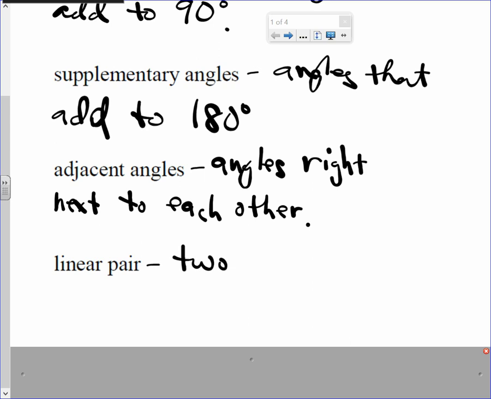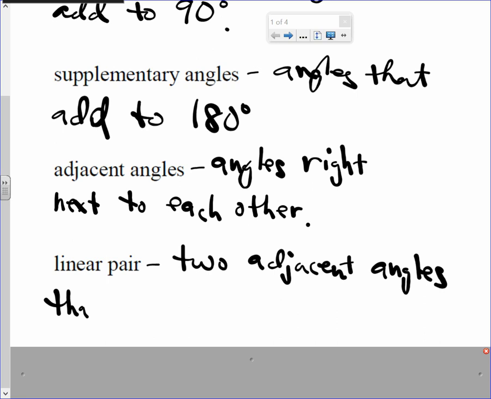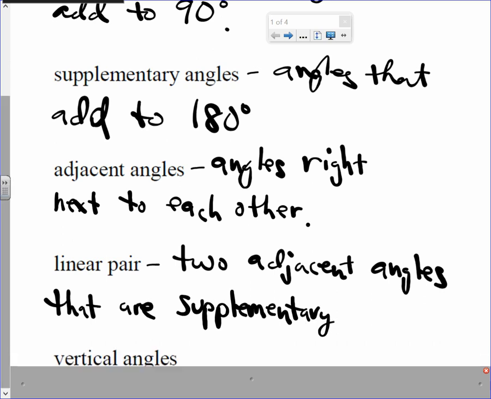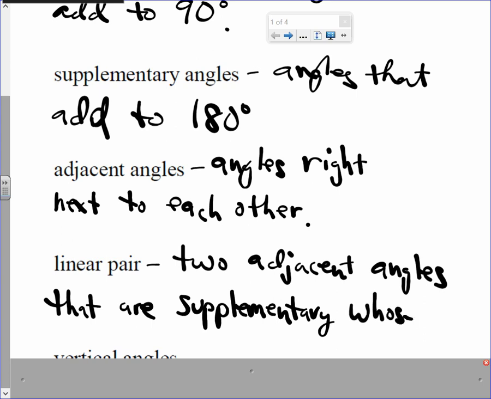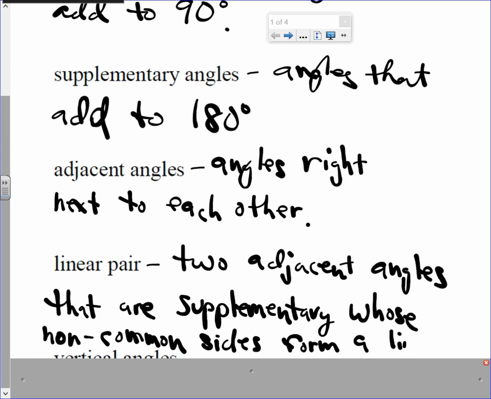2 angles, or put 2 adjacent angles that are supplementary whose non-common sides form a line.